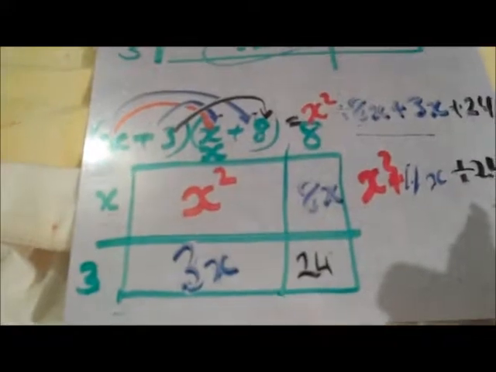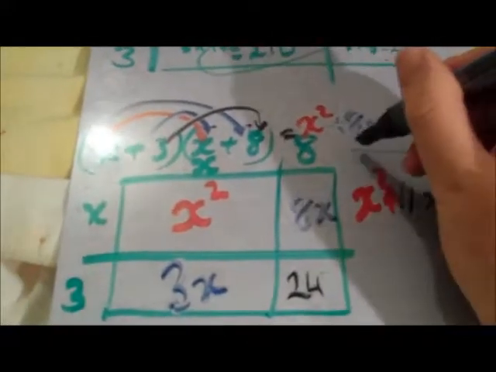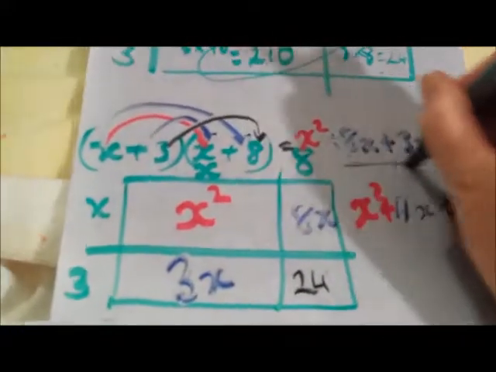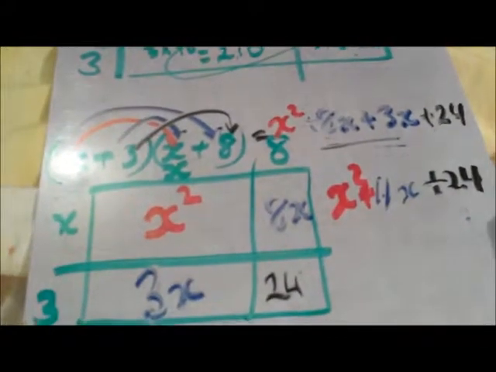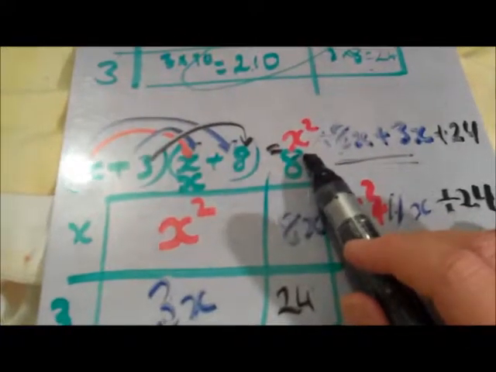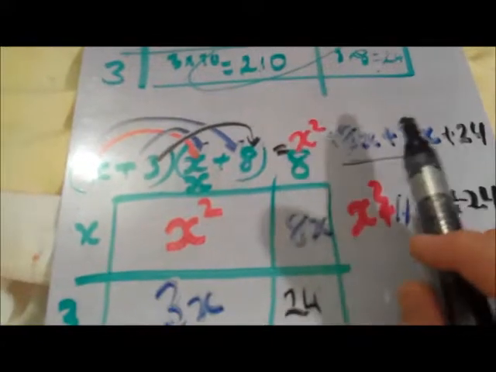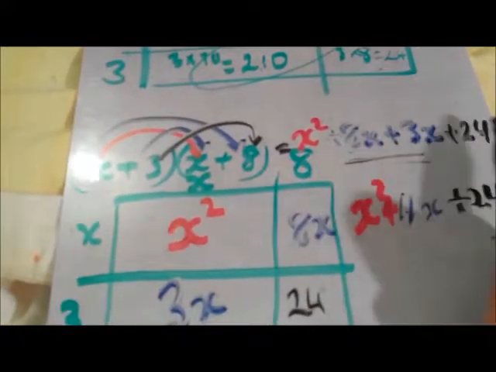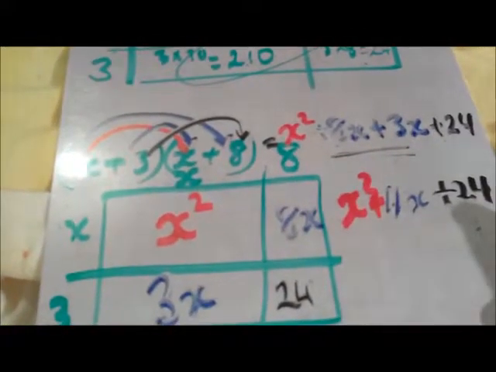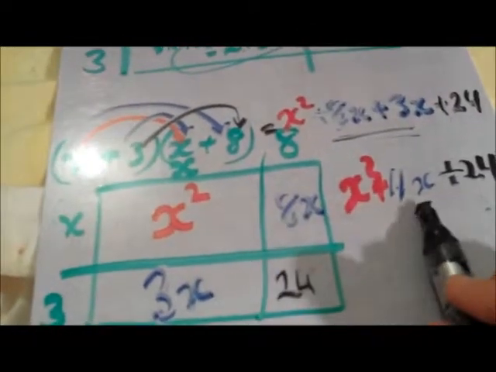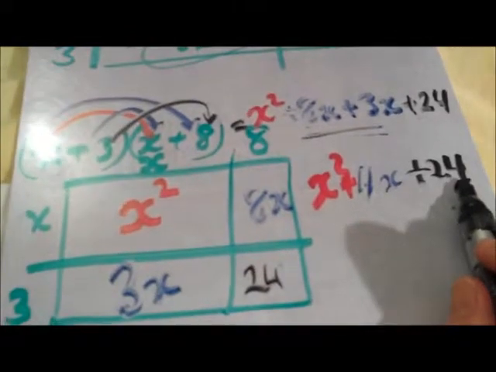So you may have seen that as first, outside, inside, last. But that's the picture that goes with it. And remember, you can only ever add like terms, ones that are the same. So x squareds can be added to x squareds, x's can be added to x's, and numbers can be added to numbers. But this cannot be simplified anymore. x squared plus 11x plus 24.